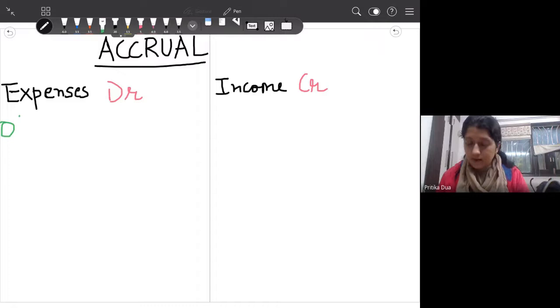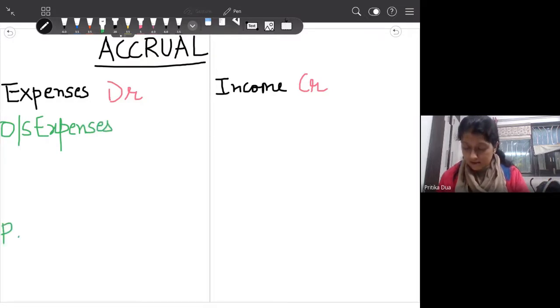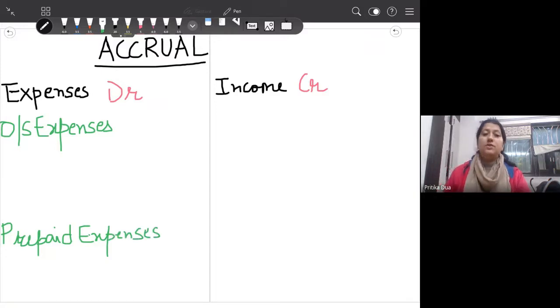One is outstanding expenses and the second is prepaid expenses. So let's first understand with respect to expenses the adjustment for accrued, sorry, for outstanding expenses or accrued expenses.